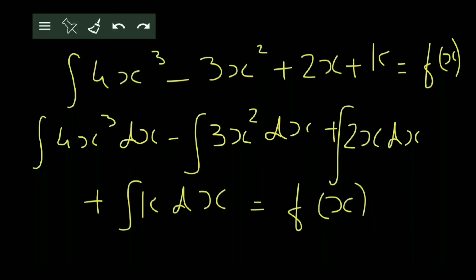Then when we solve further, everywhere we are going to use the formula for x raised to n. In the last term, you know that the integral of k becomes kx. So thus the sum is something which we know already.